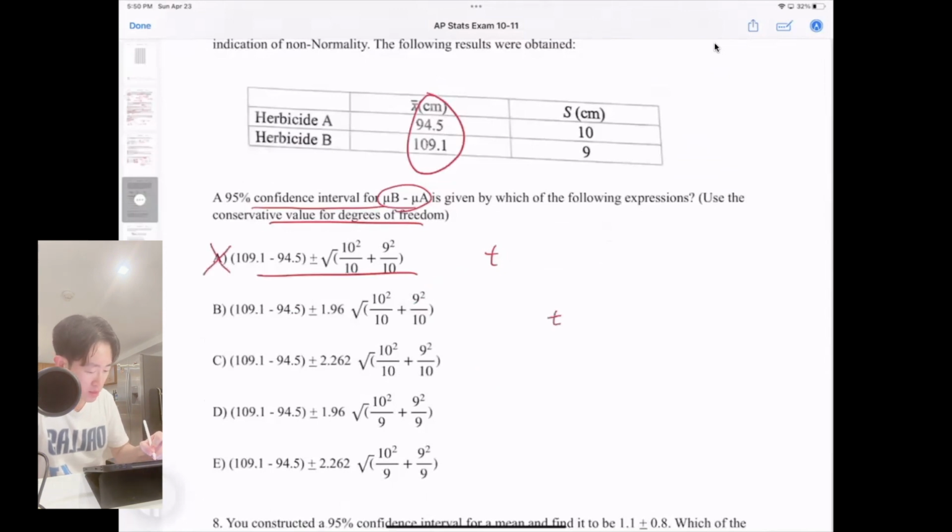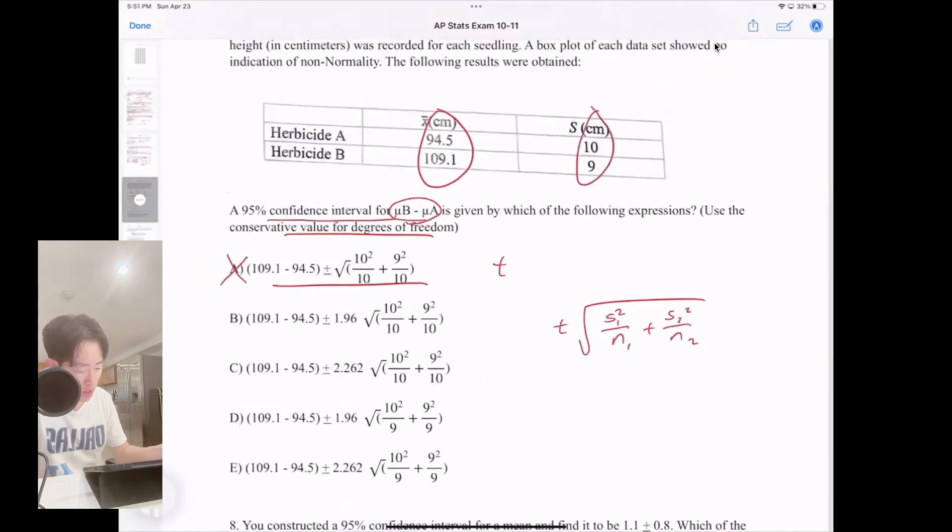The formula basically goes S1 squared over N1 plus S2 squared over N2. The standard deviations for A and B are 10 and 9, and the sample size is 10, so 10 squared, 9 squared.